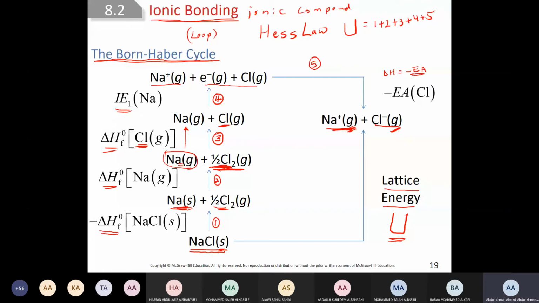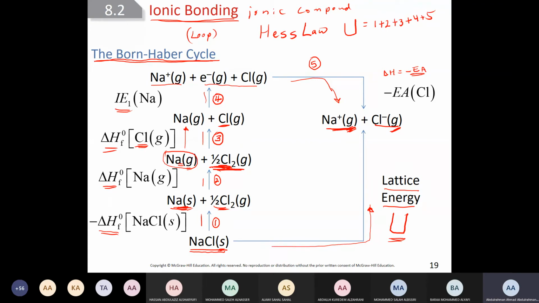U, which is the reaction going this way, is equal to 1, 2, 3, 4, 5, because we are going to the same place, but in another way. That's why we call it the Born-Haber cycle, because it's a loop, and we're going from one side or the other side.